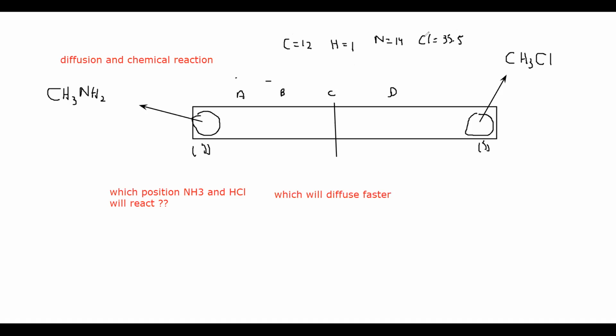The question is to identify at which position these two gases will react. Now NH3 is not there. The gases are CH3NH2 and CH3Cl.